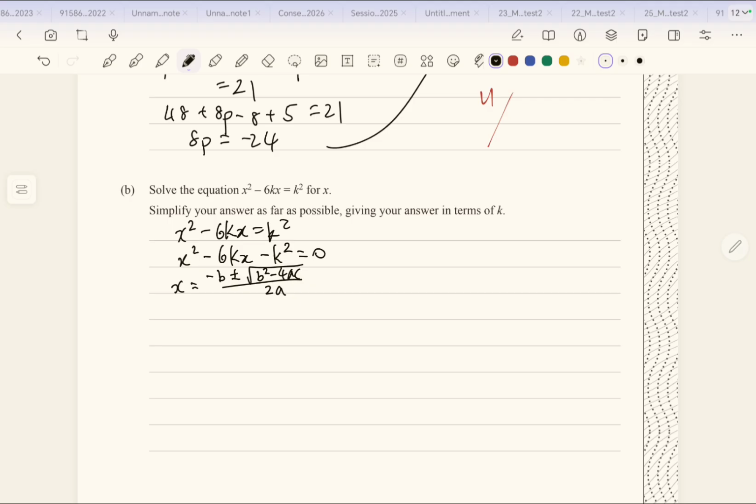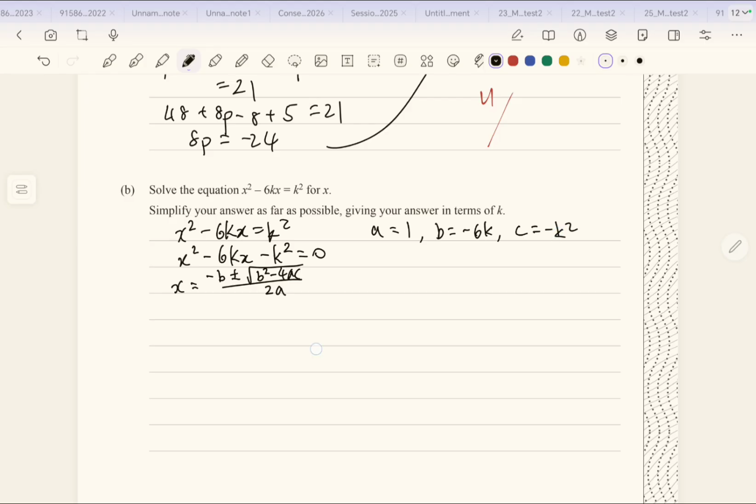If you're confident with algebra, just sub in the values straight away. But if you're not, it's very good just to list out your a, b, and c values. In our case, we have a equals 1, b equals negative 6k, and c equals negative k squared.